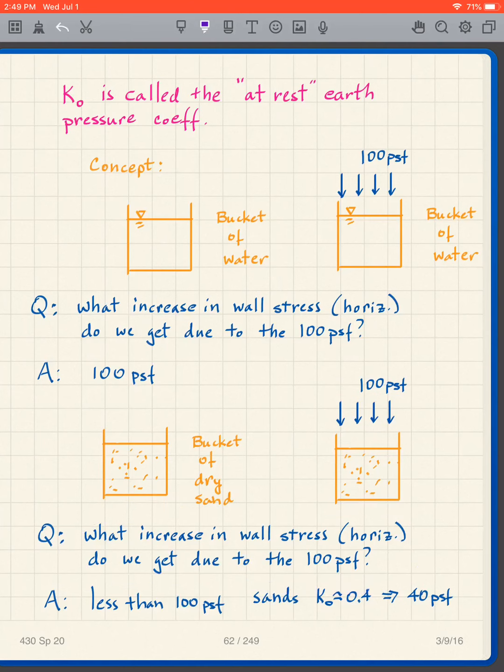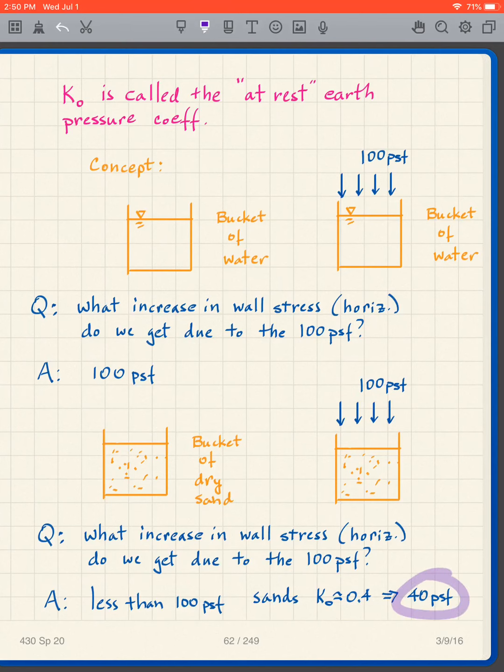Well, the answer is less than 100 psf. For sands, we're going to get a K0, say approximately 0.4. This is a rough estimate, don't use this all the time. But it's not a bad number, which means that the answer would be 40 psf for that particular sand.